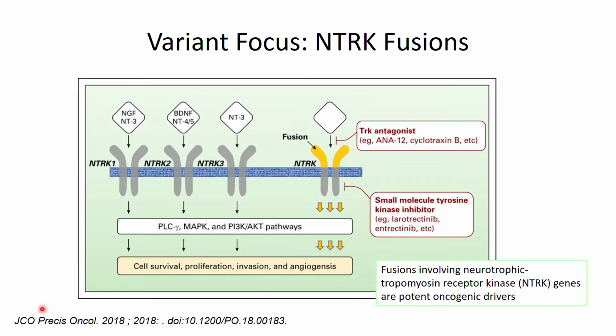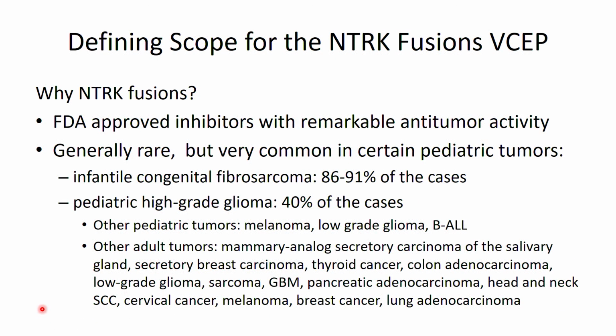In terms of the scope, we decided to first focus on NTRK fusions, and there were a couple of really excellent talks during this meeting about NTRK fusions, so there is no need to introduce these variants. Just to say that these are fusions that act as very potent oncogenic drivers, and they're present in a variety of different tumor types.